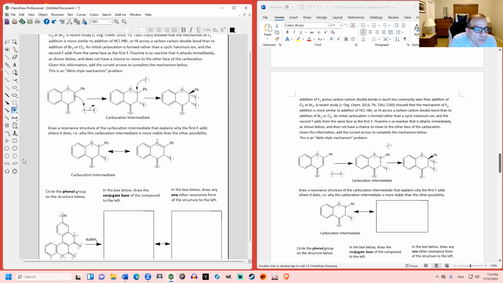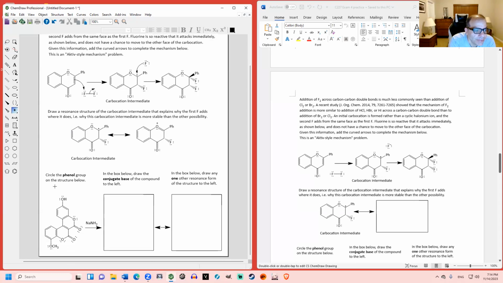So the other resonance form would look like this. So the plus charge is shared between the oxygen and the carbon. Then it says circle the phenol group. That would be the OH on the benzene ring.